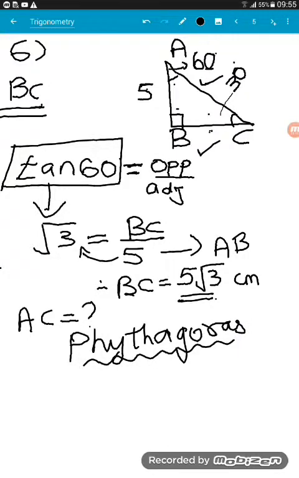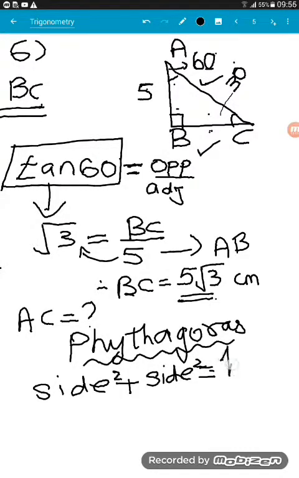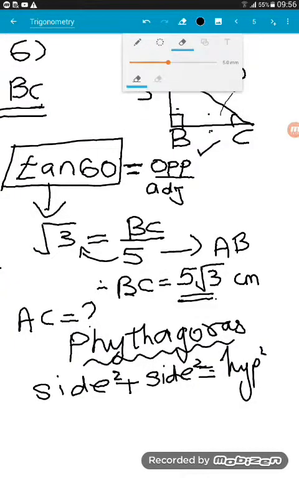This is side square plus the other side square gives us hypotenuse square.